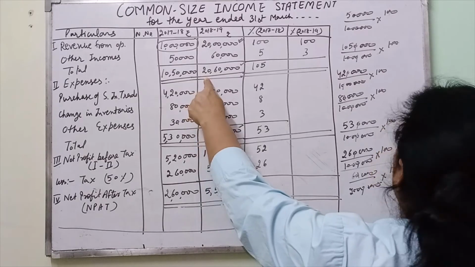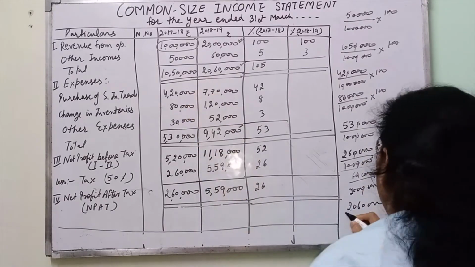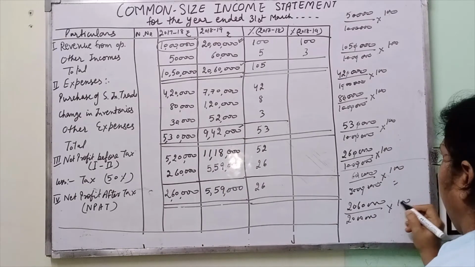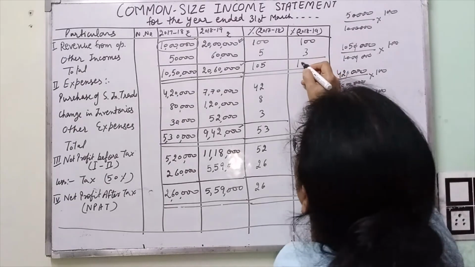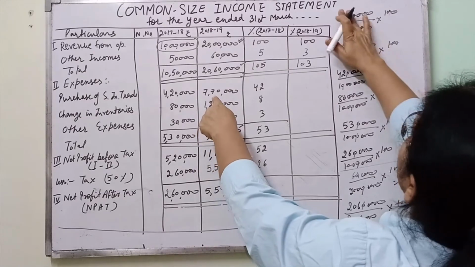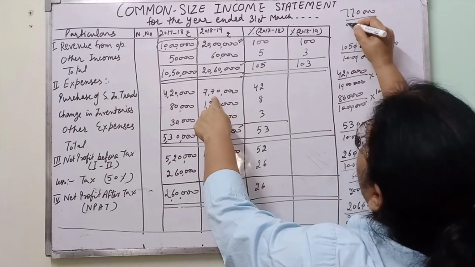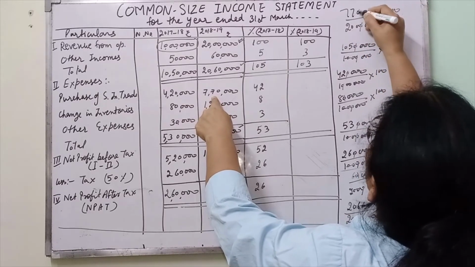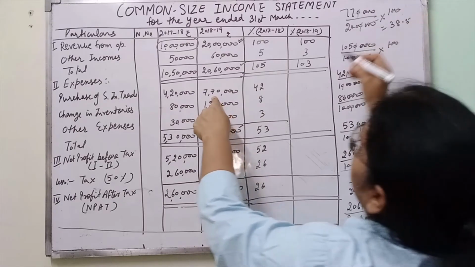Next is 20 lakh 60,000 divided by 20 lakh into 100. 103%. Now this amount 7,70,000 divided by 20 lakh multiply by 100. 38.5%.